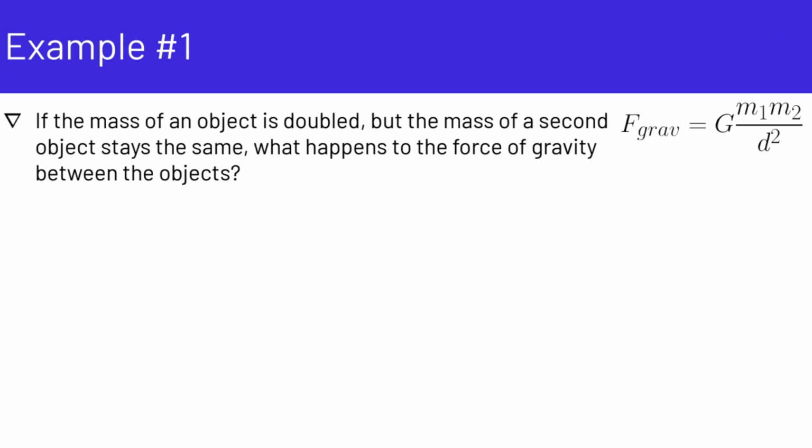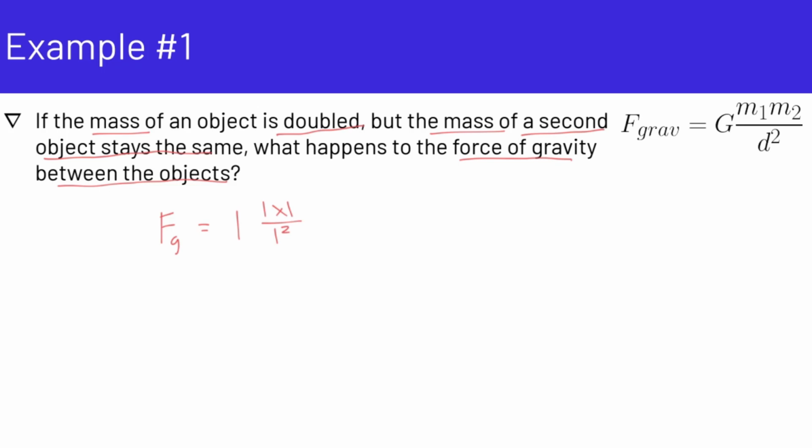So example 1, if the mass of an object is doubled, but the mass of a second object stays the same, what happens to the force of gravity between the objects? Okay, so our first step is to write the equation out in terms of ones, replace all the variables. So we have 1 for big G, 1 times 1 over 1 squared.